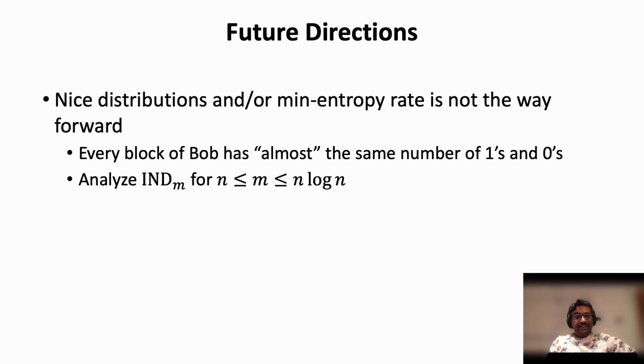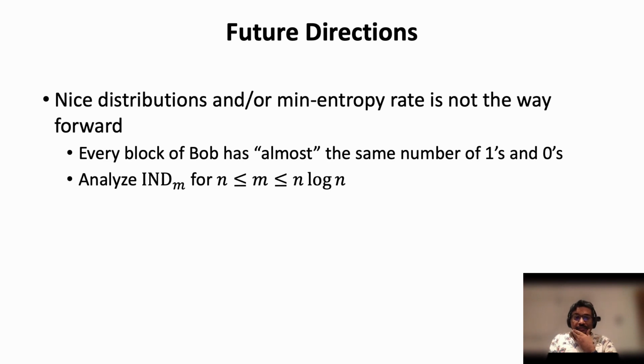The other avenue is that currently there's this Goldilocks zone where you might be able to prove interesting results, where there are no known limitations for current techniques, which is the range of m between n, which is almost linear, to n log n.